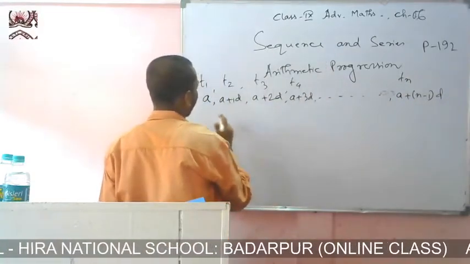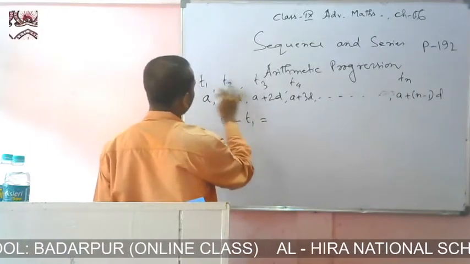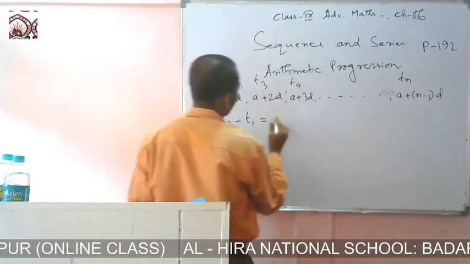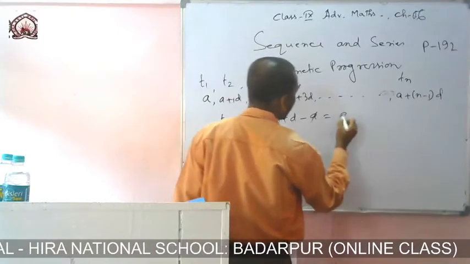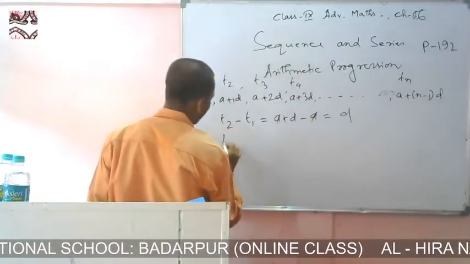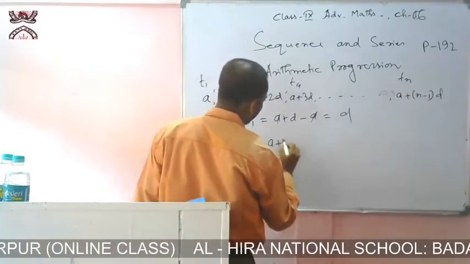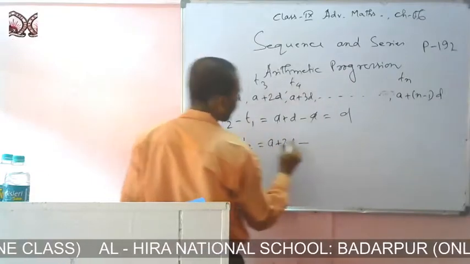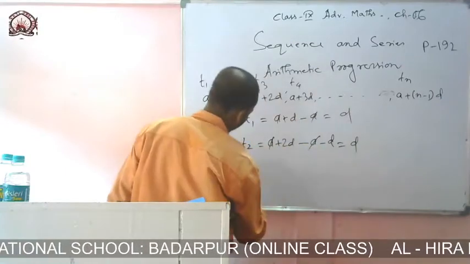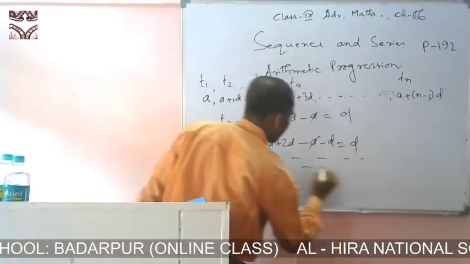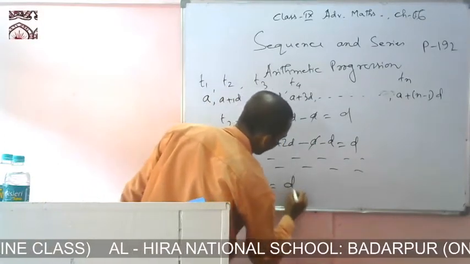Basically the fact is, when we subtract the subsequent terms, T2 minus T1, then a plus d minus a is equal to d, and T3 minus T2, which is a plus twice d minus a plus d, a cancels, then again d. So it goes on, and lastly Tn minus T(n minus 1) also gives d.